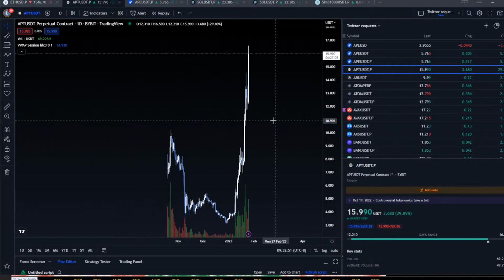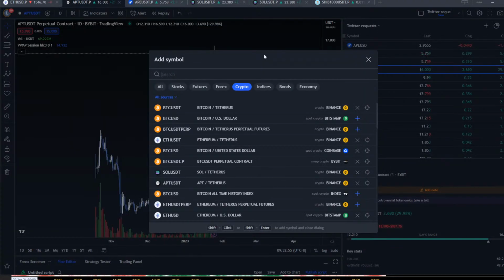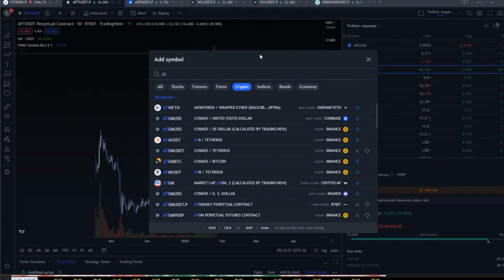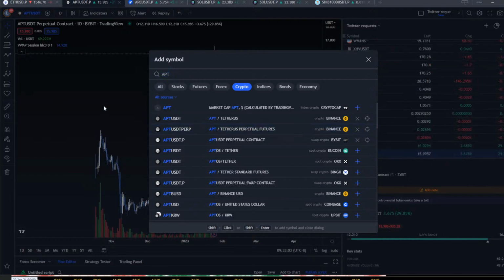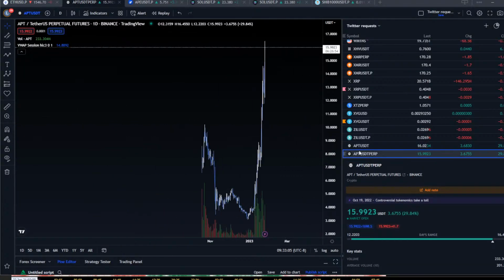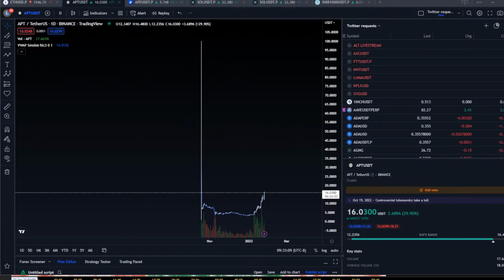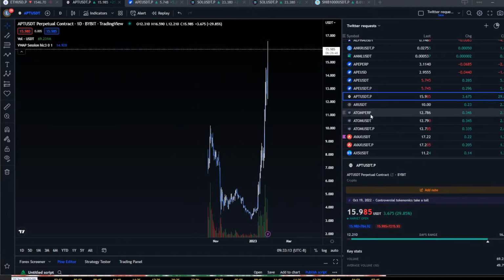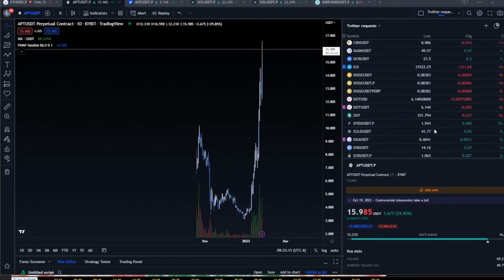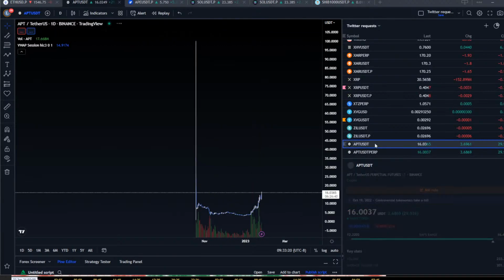I just want to see... I'm not hyper familiar with the history of APT. There's no real deeper chart here, so that's fine. It's very hard to do technical analysis on coins without price history, right? Because you don't have levels.